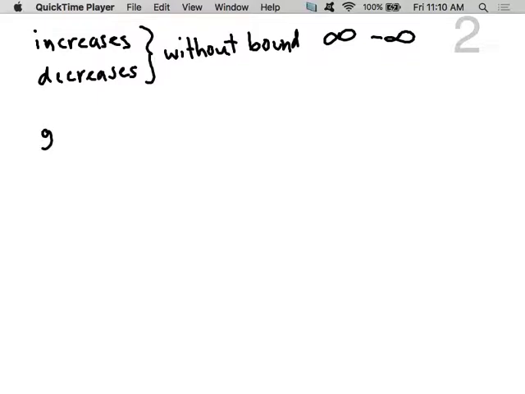Let's look at g of x, which is 1 over x minus 1 squared. We'll keep things simple here. Sam, where's the asymptote? 1. Good.